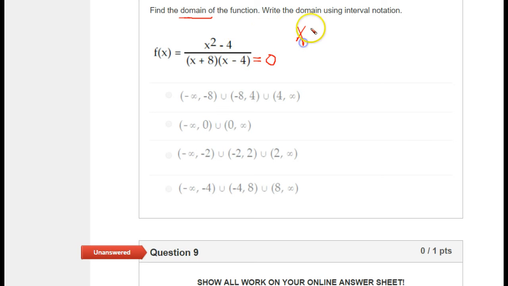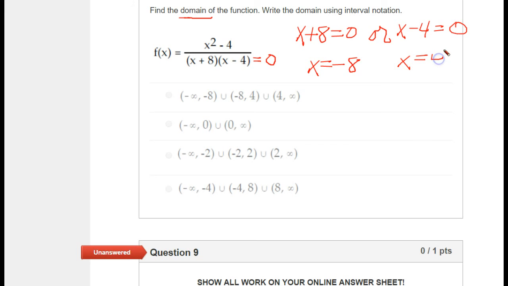So you get x plus 8 equals 0, or x minus 4 equals 0. So here we get x equals -8, x equals 4. So these are the values that, if our denominator that contained the x had these values, it would make our denominator a 0. So these are excluded from the set of real numbers of our domain.